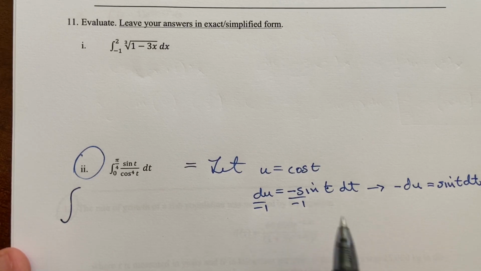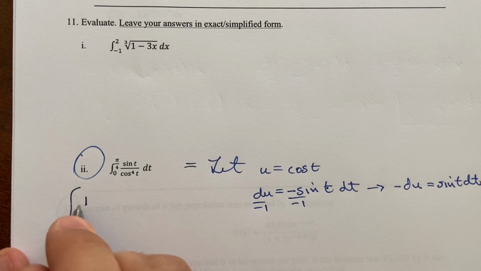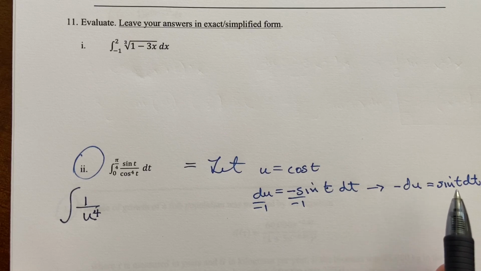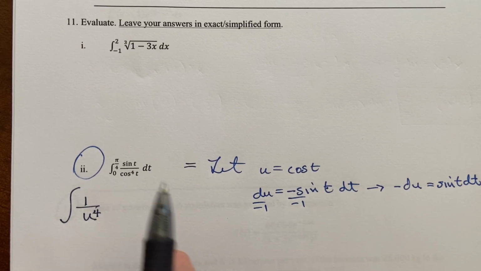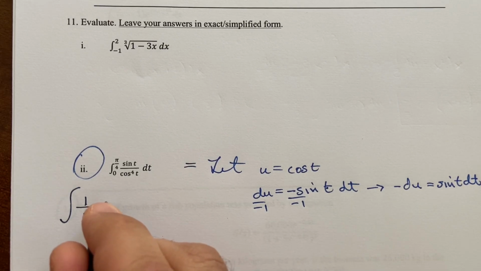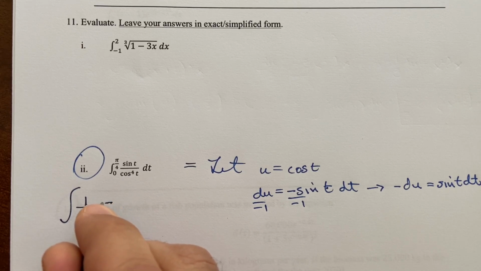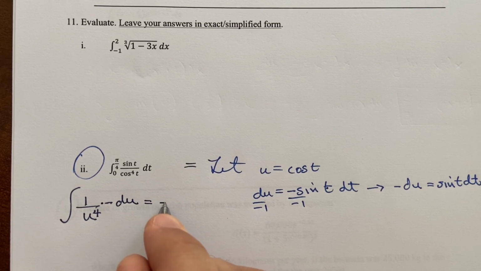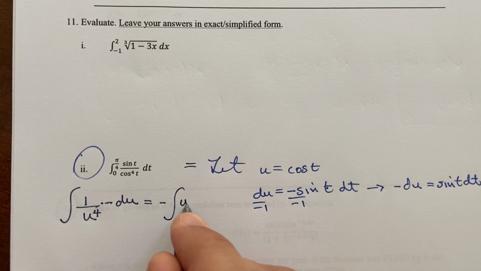Okay, so I have now 1 over u to the 4th. Instead of cosine to the 4th, I have u to the 4th. I have sine t up here, so I need to offset that by bringing in negative. So this is times negative du. So in other words, negative out front, and then u to the negative 4 du.